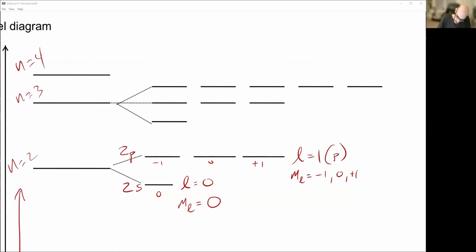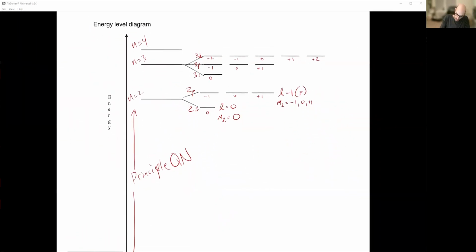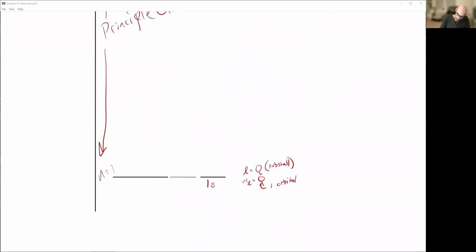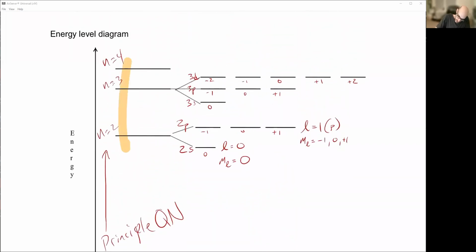And so it goes. The next is 3s, 3p, 3d. 0, -1, 0, +1, -2, -1, 0, +1, +2. 5 orbitals. We can put electrons in all of these. So that's the principal quantum number. Just to define it all up here, these are my shells.